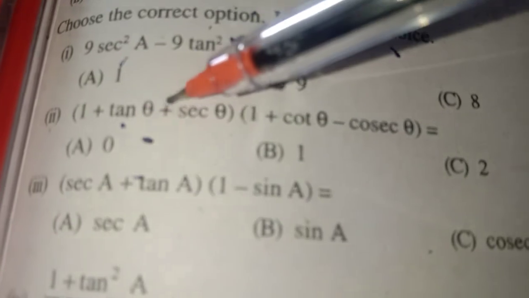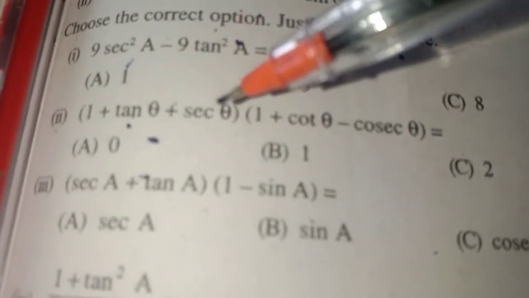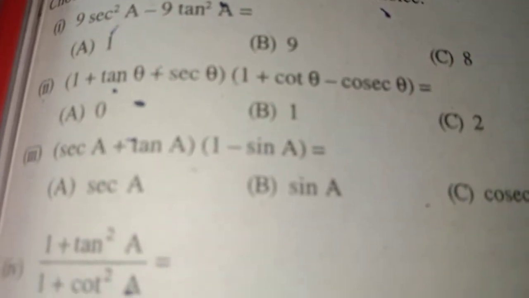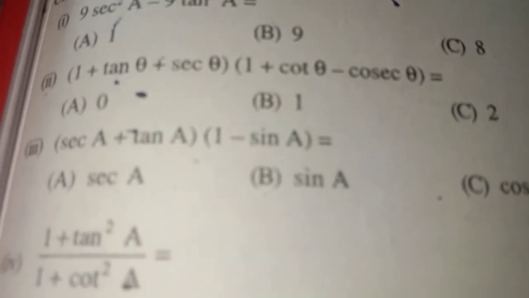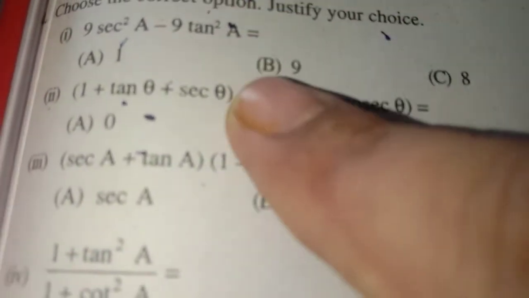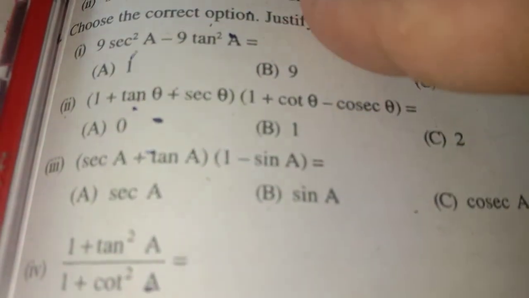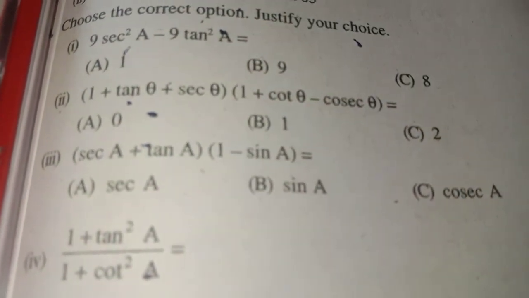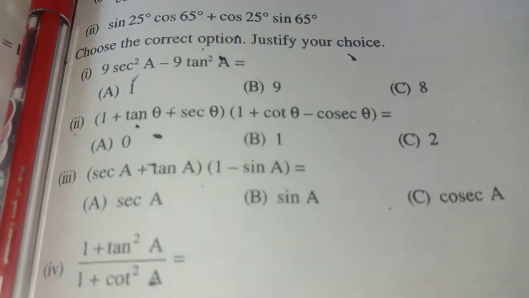That is, first of all, convert into trigonometric ratios, and then use the identity, either multiplication or division, whatever may be, and after taking LCM we have to solve it. Don't worry, from the next segment I will solve from here, otherwise you just try to solve it on your own, and we have to solve some more numericals of exercise 8.4.